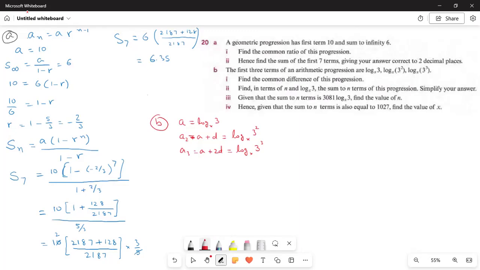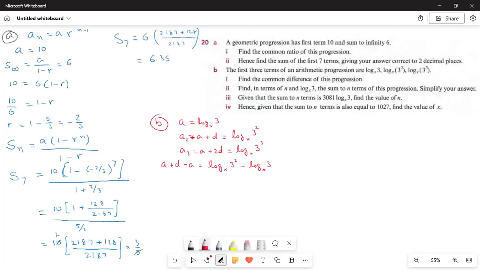Okay, so if you look at the first two terms, one is a plus d and one is a. So if I subtract this equation from this equation, from a plus d I will do minus a, and on the right side I have log x 3 squared minus log x 3.